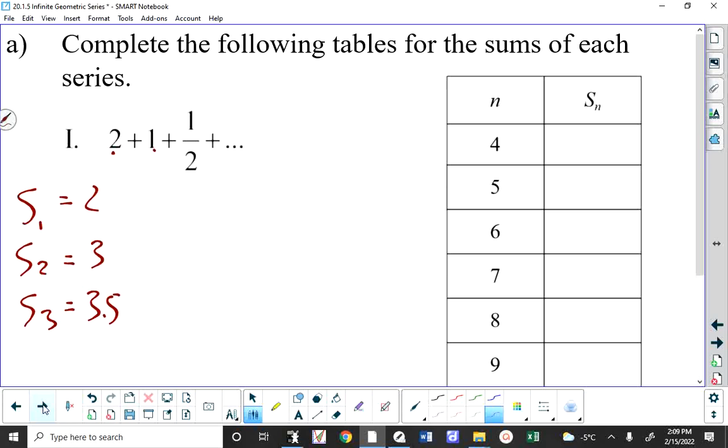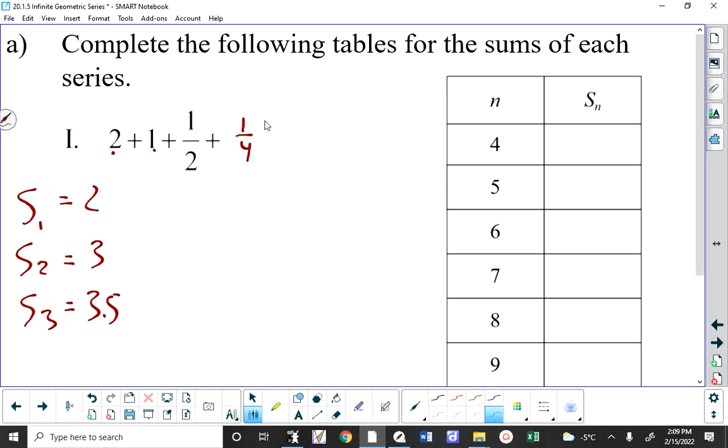So just hold off on doing any real calculations yet. We have a number of options here. I suppose what we could do to find S4 is figure out the 4th term by multiplying the 3rd term by 1/2, and then we could add those all up, right?